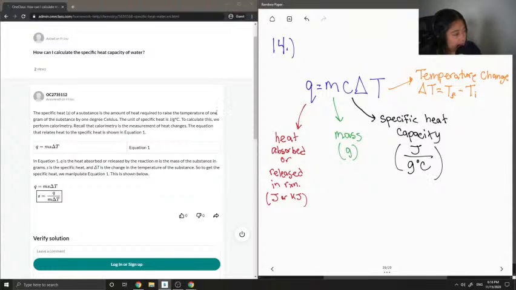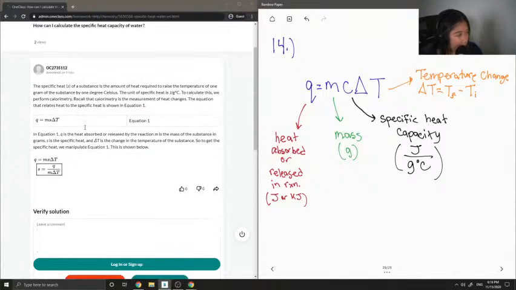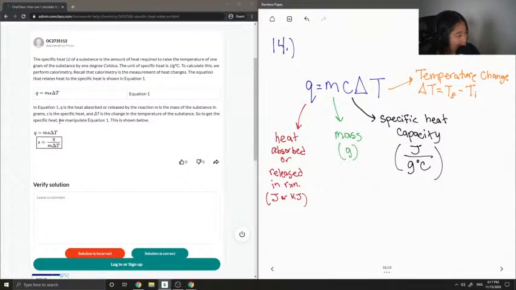To calculate this, we perform calorimetry. Recall that calorimetry is the measurement of heat changes. The equation that relates heat to the specific heat is shown in equation 1. The S should really read as the variable C, so I'll just write a note, but this is the correct equation. In equation 1, Q is the heat absorbed or released by the reaction.